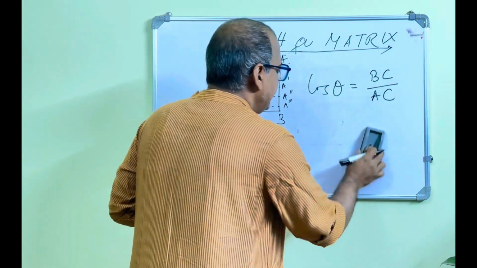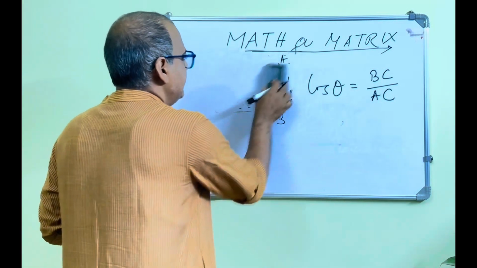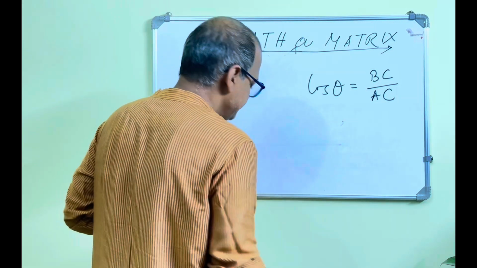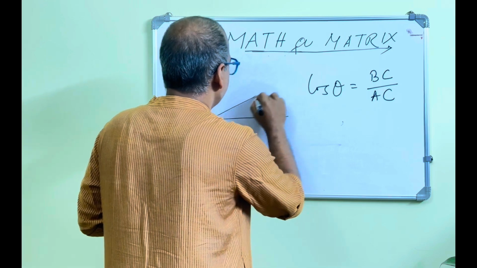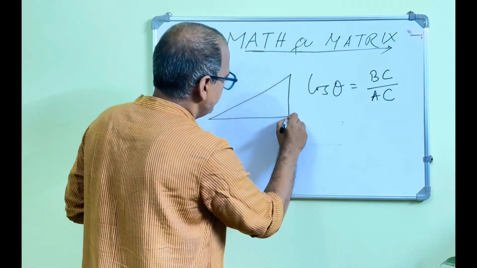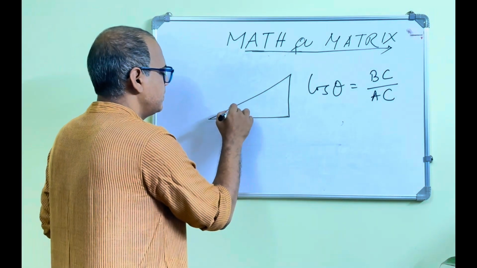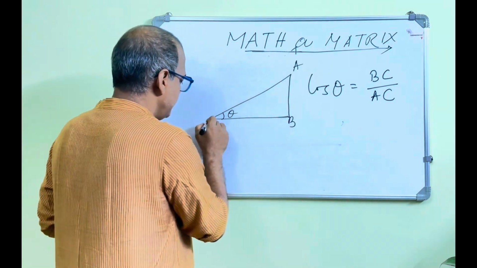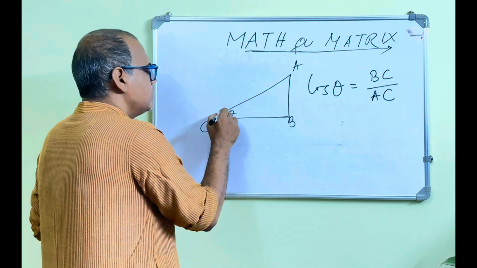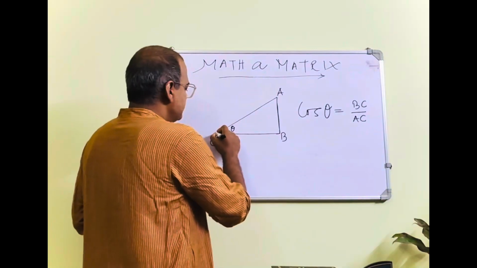Now we will find the answer of cos 90. Let me draw it this way. For cos 90, we're increasing this angle.